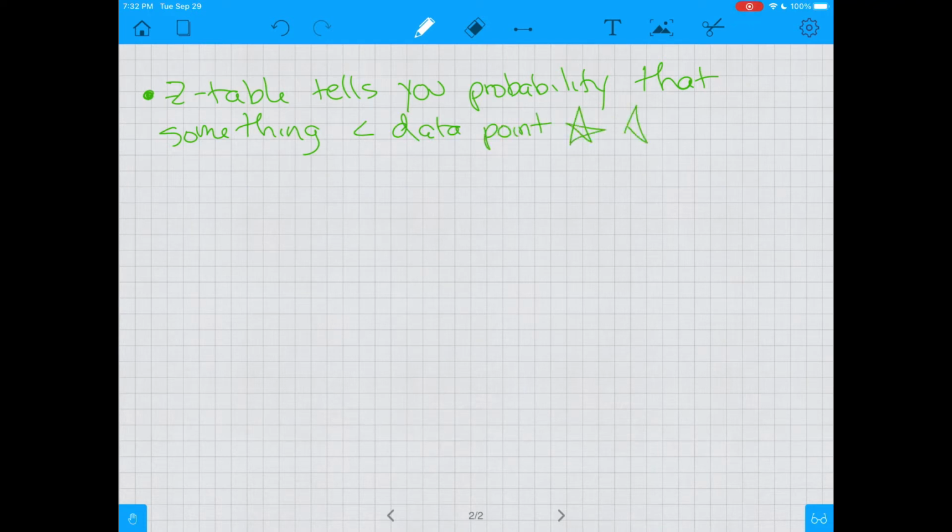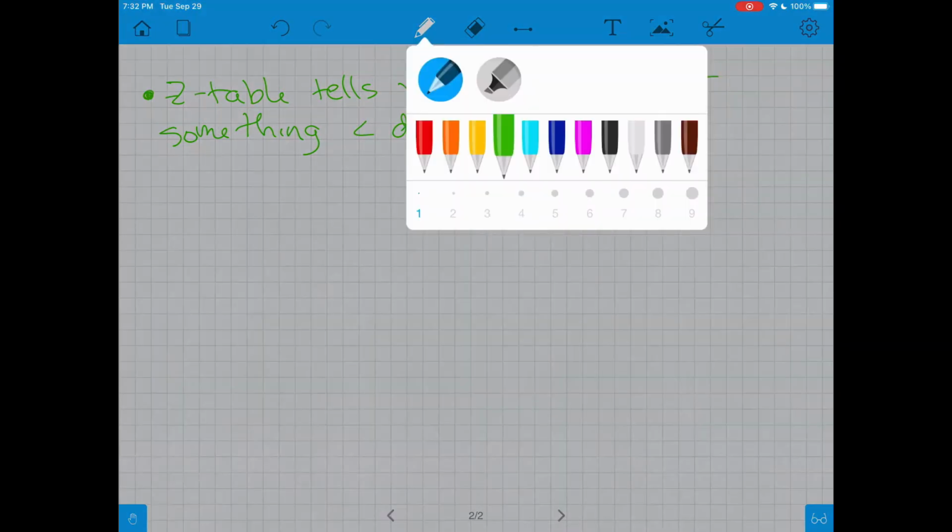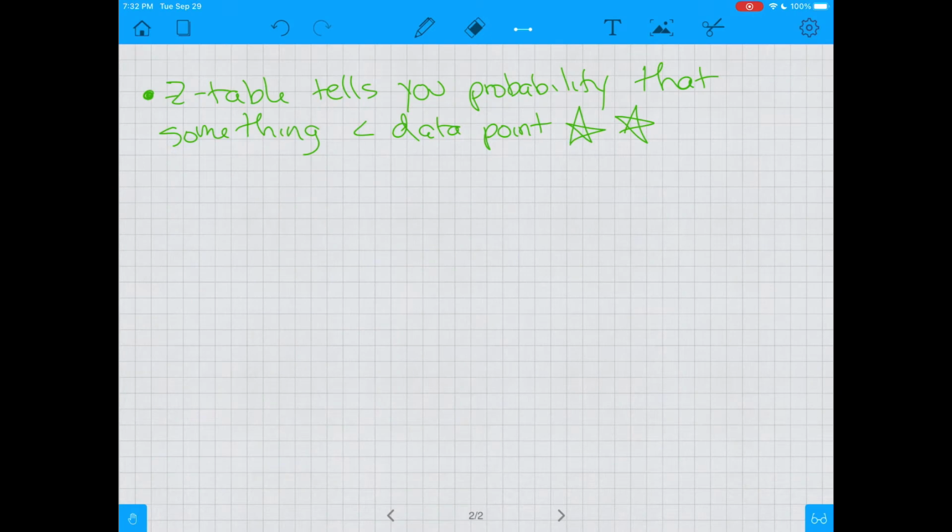Right, so this is important because depending on the type of question that you are asked, you will then have to, if they're asking you what is the probability that something is greater than, we're going to have to do some math. So I think the best way to actually talk about this is to look at an example.